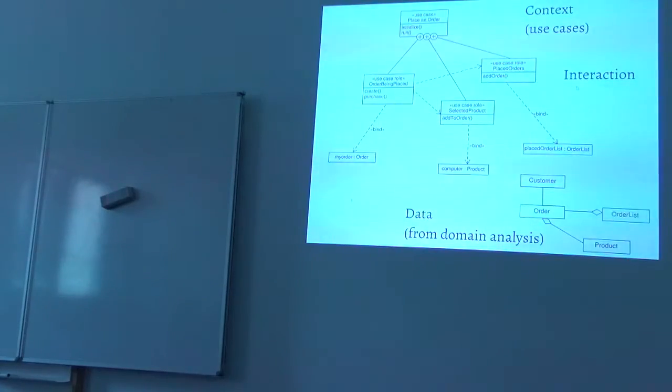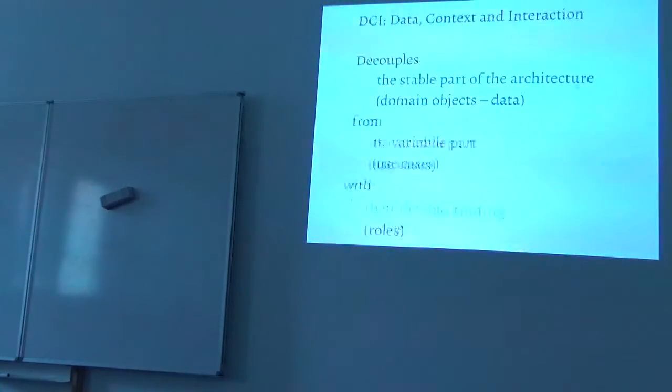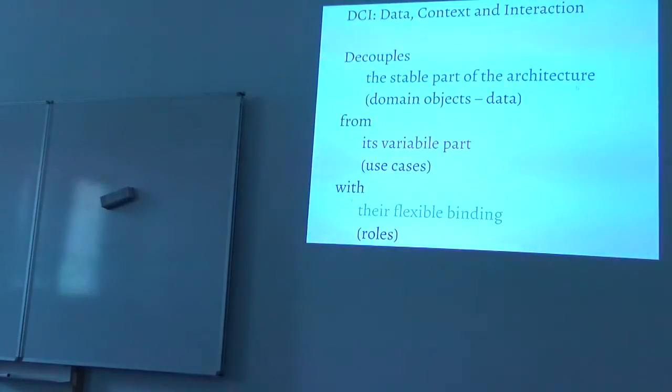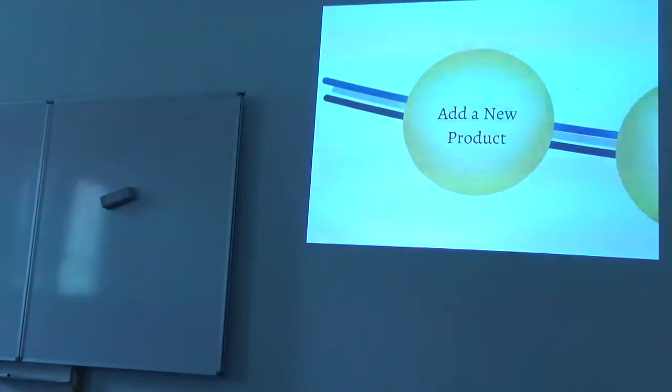Aspect orientation can help with this as well. So this approach can be implemented more or less in an aspect-oriented manner. This is just a summary, don't bother with this.